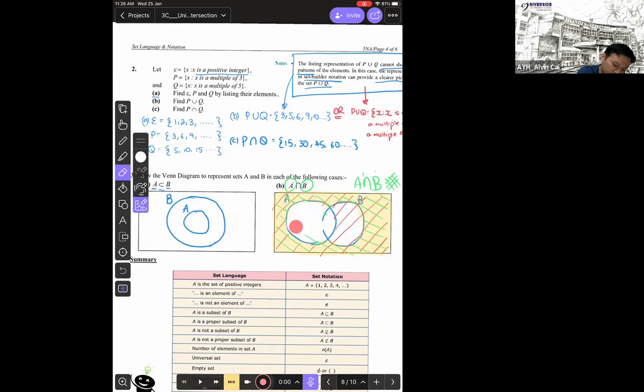Those things that are inside, we just erase off. These are all our working, so we don't need to present them as a final answer. Our final answer will be just this one that's outside.